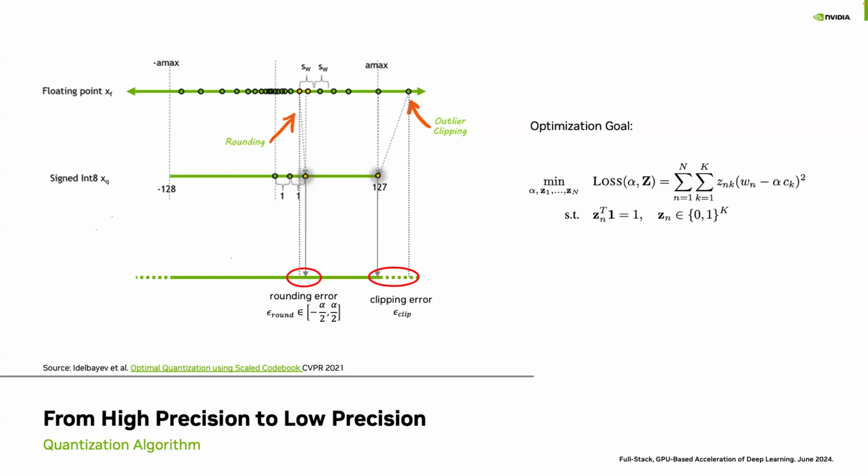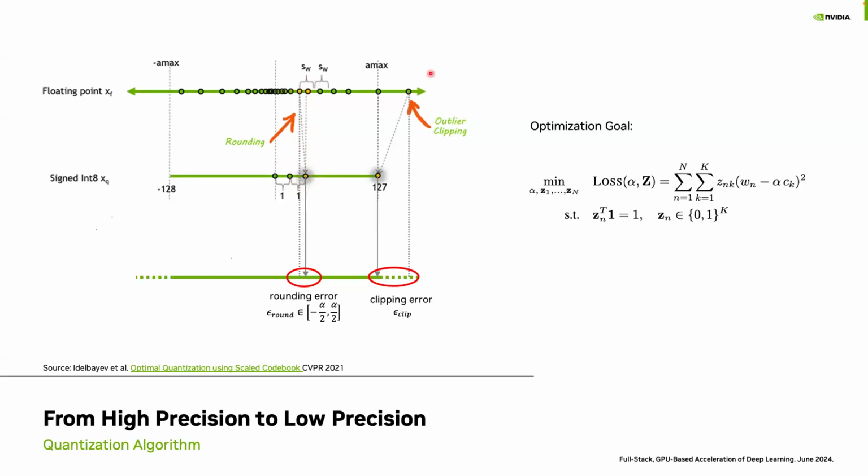this is the original grid with the original values. With the scaling factor, the values are mapped to a lower precision. As you can see, some of the values are mapped to the same value after quantization. For these two values, they are mapped to one value.